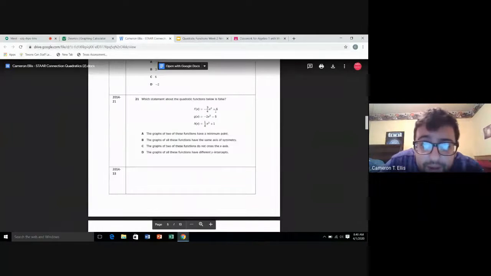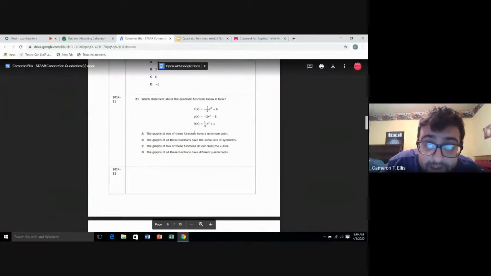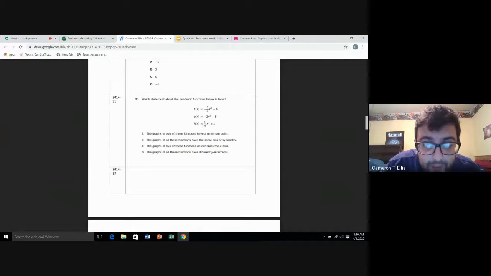And I see that two of these guys have negative signs attached to the x squared, right? -3/4 x squared, and -2x squared. So you can only have a minimum point if your graph is positive. Therefore, only one of these functions has a minimum point, 1/4 x squared, right? -2x squared minus 5. These are going to curve the other way, right?